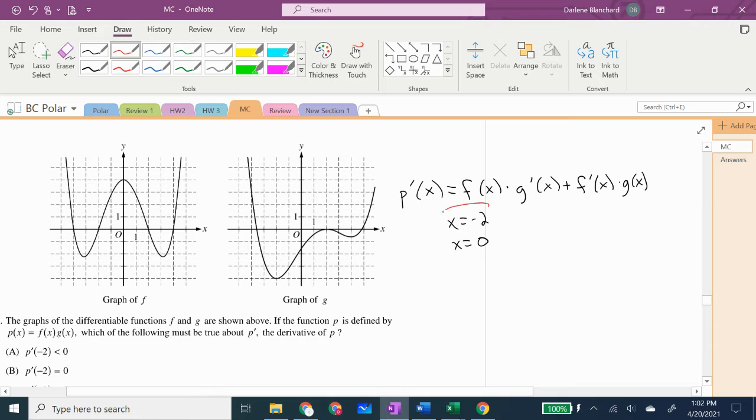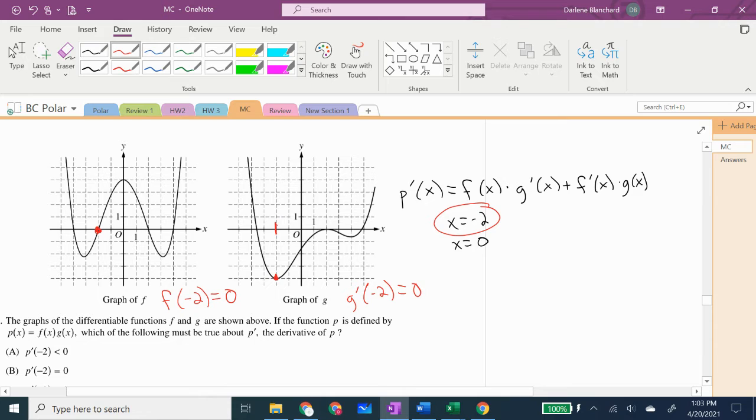And I'm going to start with -2 for the x. You can see that the derivative of g at -2 is 0. It has a 0 slope. The y value of f at -2 is 0.